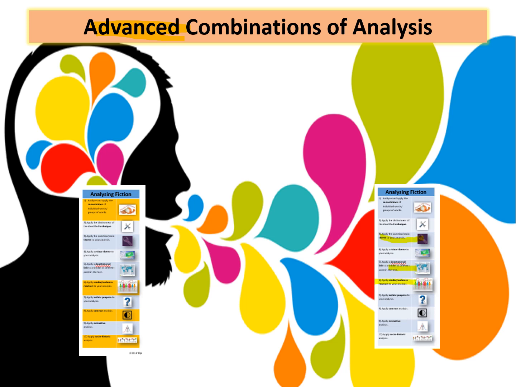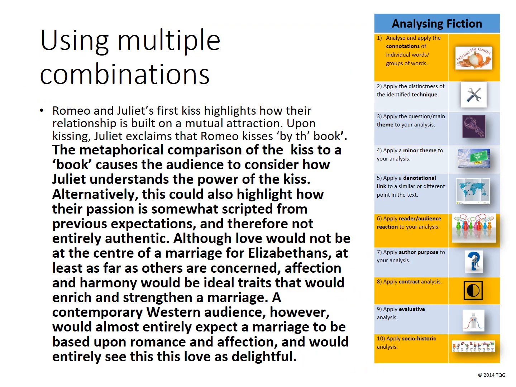You can use 2 or 3 combinations and combine those themselves. So one example I've given is this: analyzing connotations, reader or audience reaction, contrast analysis, and socio-historical analysis. And all I've done is combined previous bits of analysis that you've seen before.